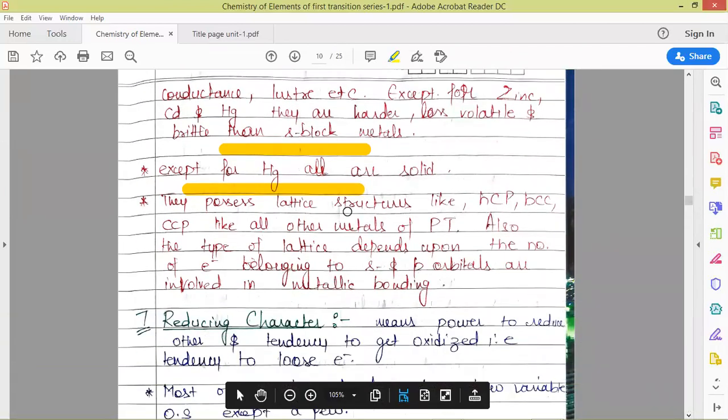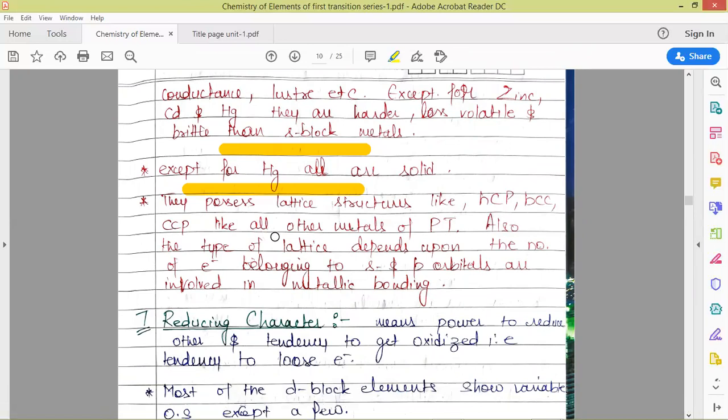They possess lattice structures like hexagonal close packed structure and body centered cubic structure, like all other metals of the periodic table. The type of lattice depends upon the electrons belonging to the valence shell s and p orbitals that are involved in metallic bonding.